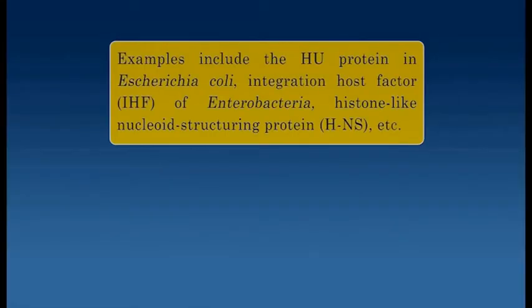The bacterial DNA binding proteins are usually histone-like basic proteins with about 90 residues. Examples include the HU protein in E. coli, integration host factor or IHF of Enterobacteria, histone-like nucleoid structuring proteins, etc.